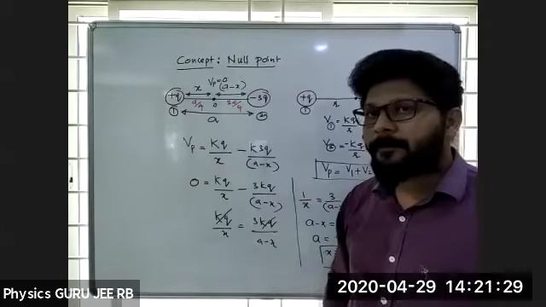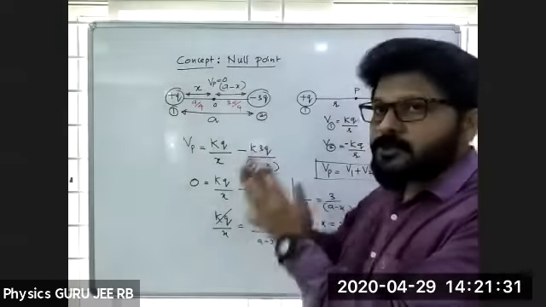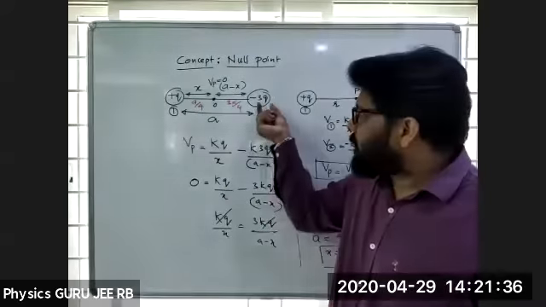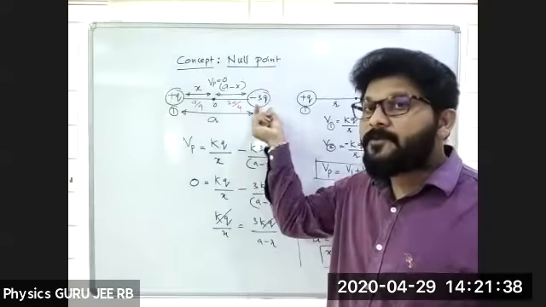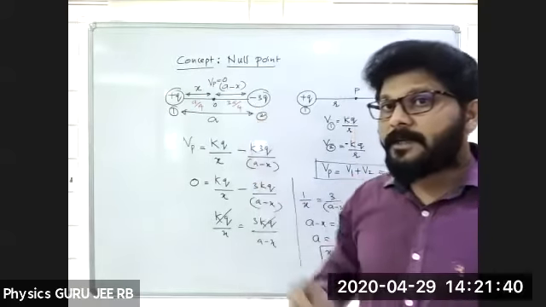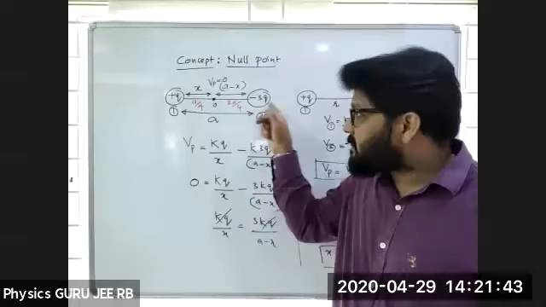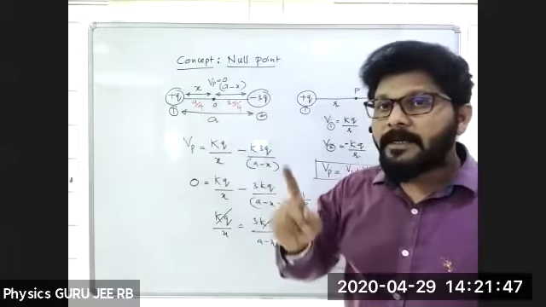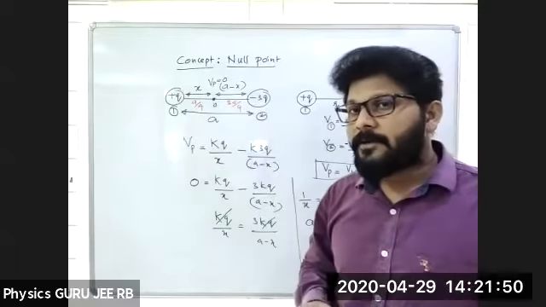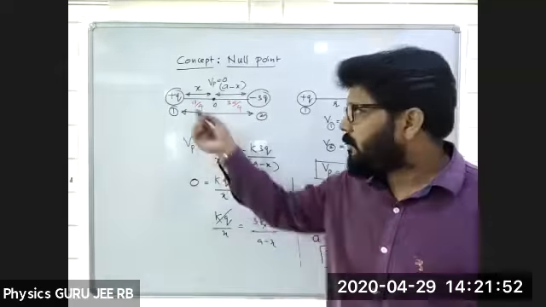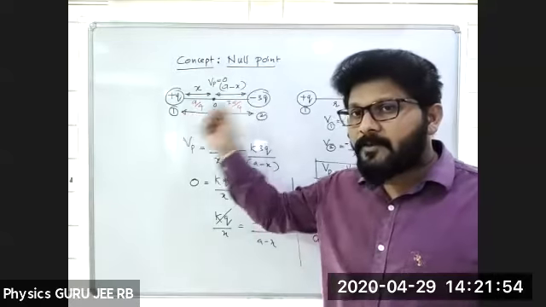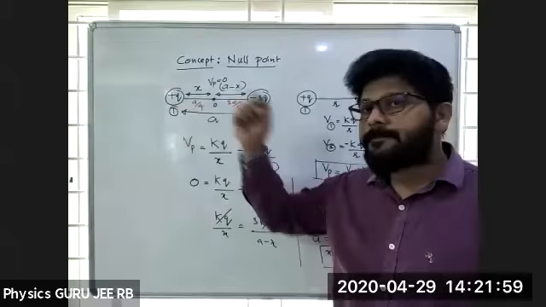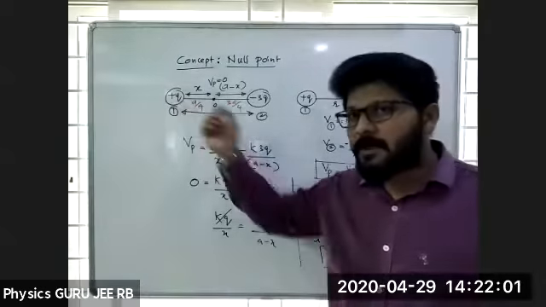Is it clear, all of you? So between these two, or outside also, there is a possibility. Here this is the bigger charge. Charge is a scalar quantity, so we only consider the magnitude. If you consider only magnitude, then plus q is the smaller charge.